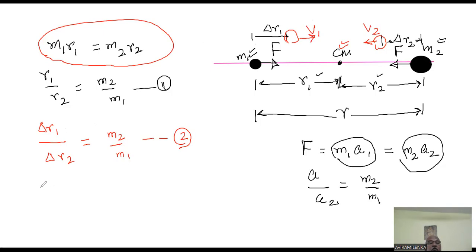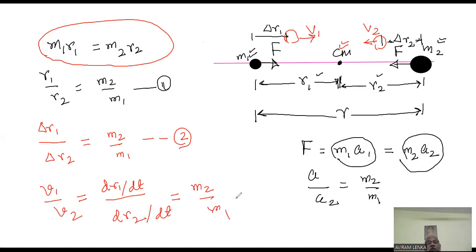So thereby we know v1 equals dr1 by dt, v2 equals dr2 by dt, and v1 by v2 will be equal to m2 by m1. That is equation number 3.